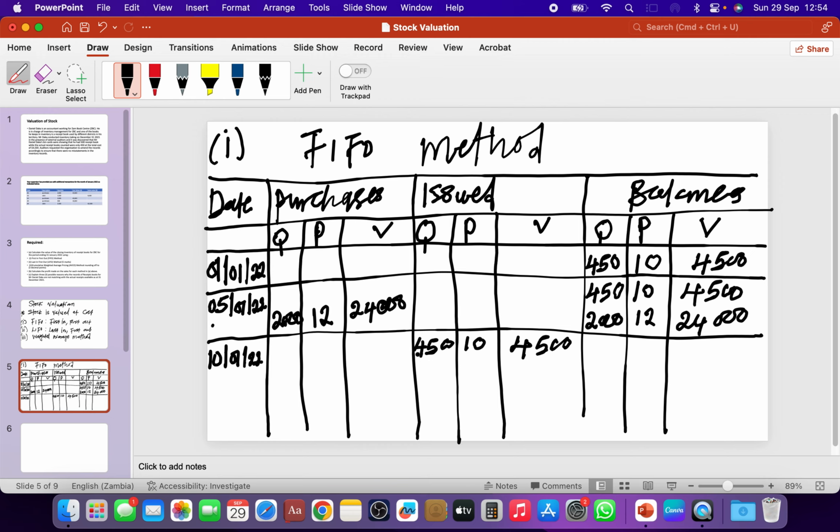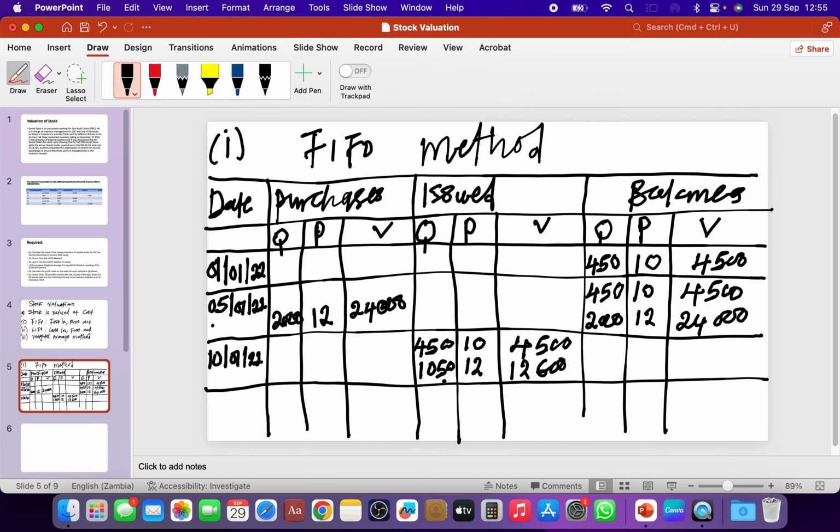It means the quantity that remains to be given to the customer is 1,050. This stock we are getting from a batch which is valued at $12. So this will be 12,600.